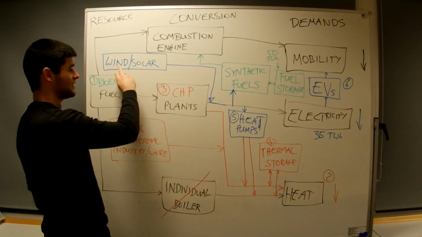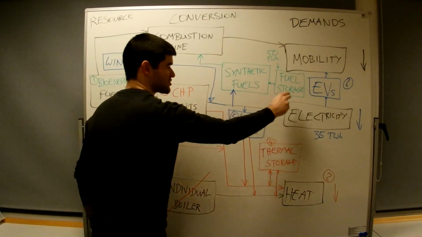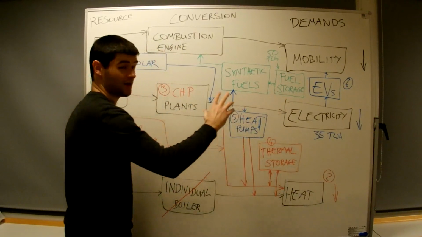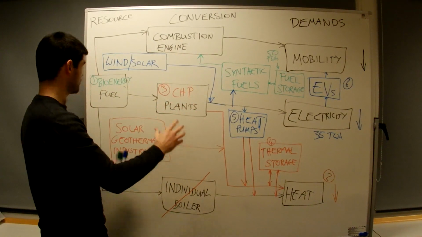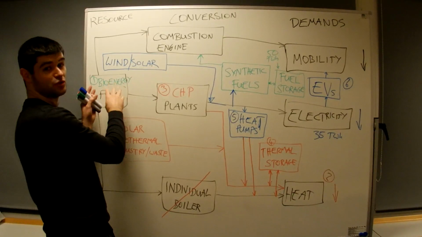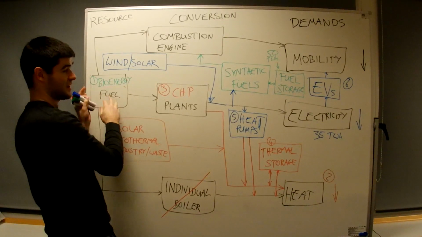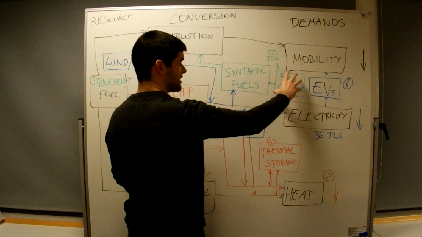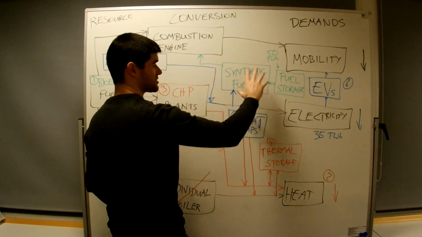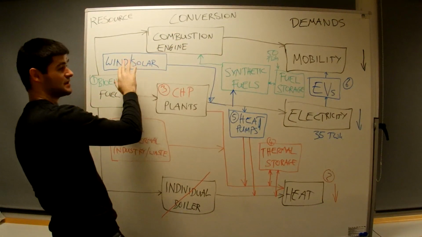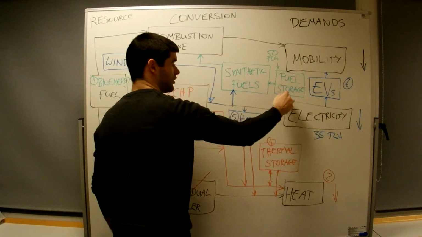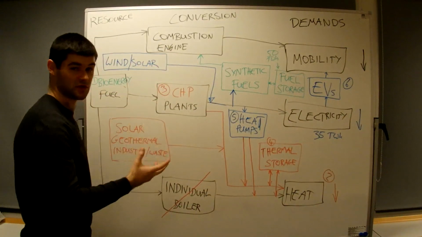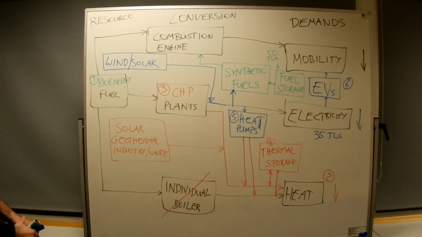I've now connected intermittent resources to an extremely large amount of cheap, affordable energy storage. So this flexibility that I removed when I got rid of the fossil fuels has now been reintroduced in the conversion end of the energy system, where I can now easily integrate very large amounts of wind and solar due to all of this flexibility that I've reintroduced back into the system.